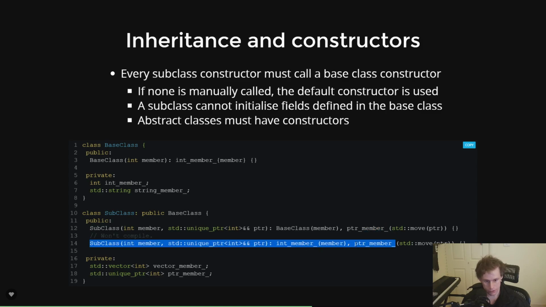If I just try and do this, it won't work because this is private. Number one, this won't work because it's private. If this was protected, it would also still not work because I would need to be calling the constructor for the parent, and I'm not. So just keep that in mind when you're creating subclasses, as they always need to call the parent class.